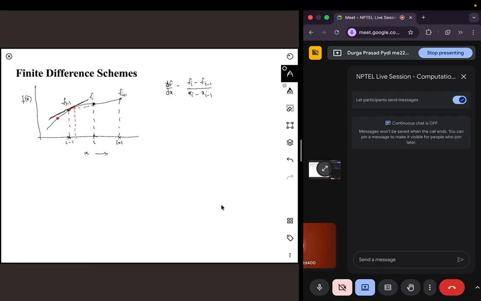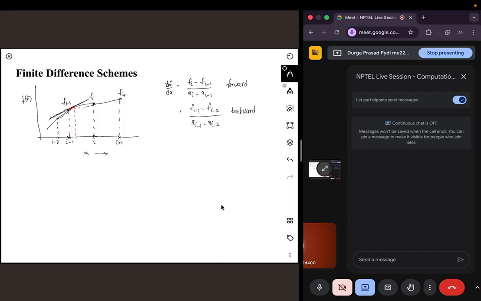Alternatively, you can also take a backward difference. Instead of taking the forward point, you can take a point one behind this one, and then take the slope between these two points and say that this is kind of parallel to this one. This is a backward difference scheme.